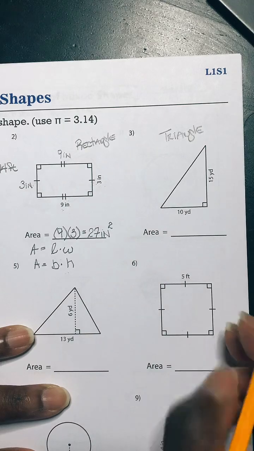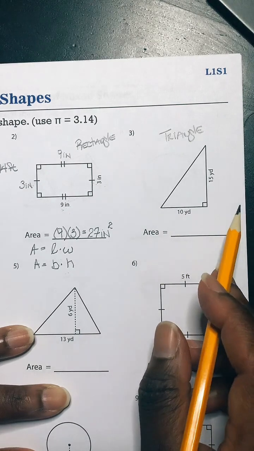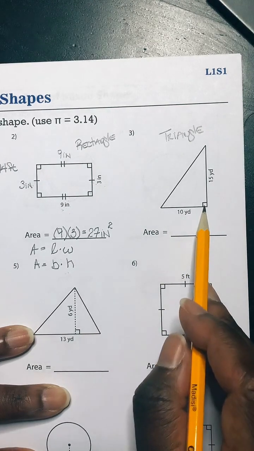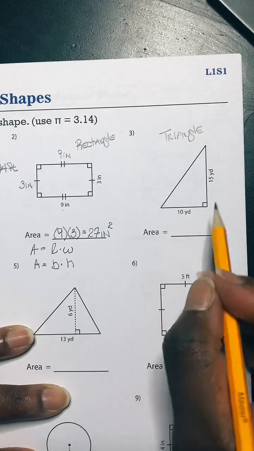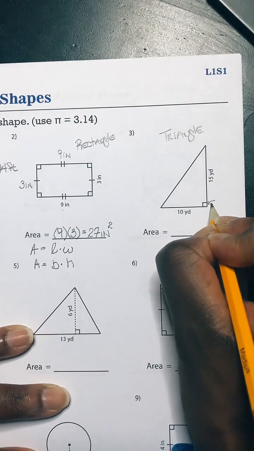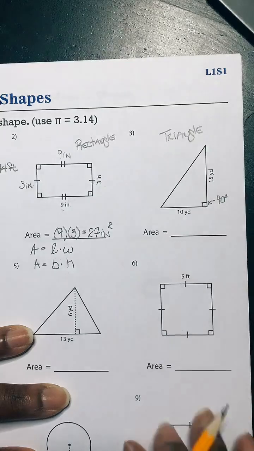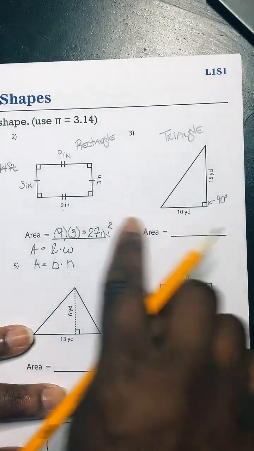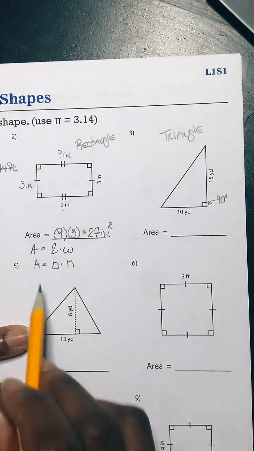We have an obtuse triangle, where you have at least one angle that is more than 90 degrees. And then you have a right angle. Anytime you see this little box, that means 90 degrees. Anytime you see it, because we saw it over here, 90, 90, 90, 90.